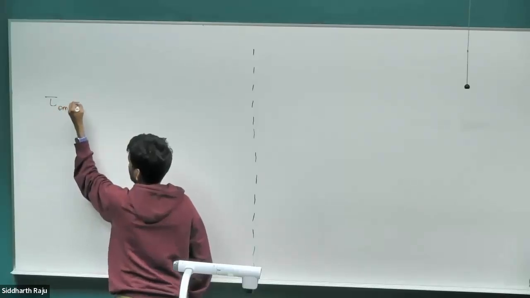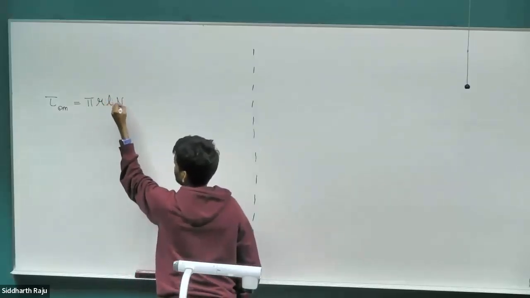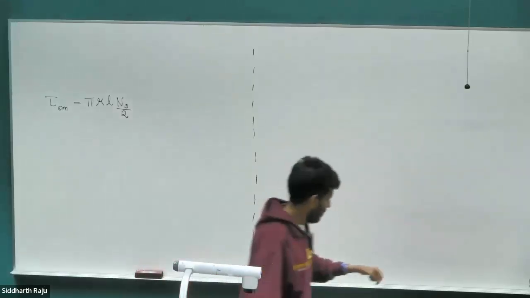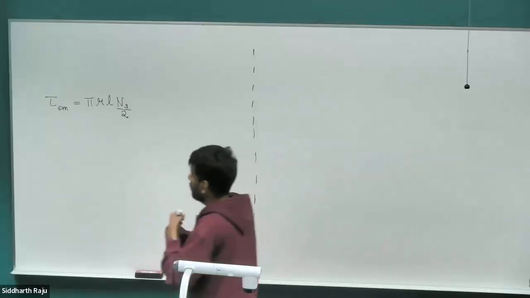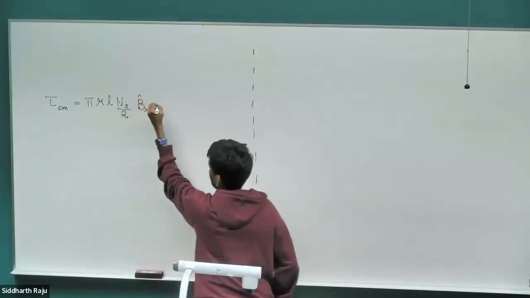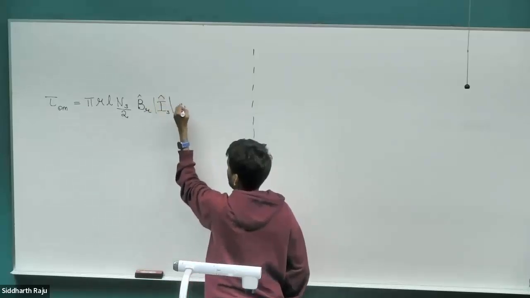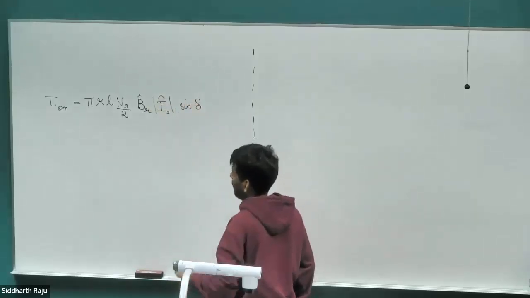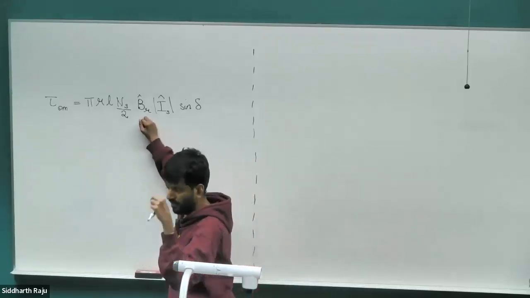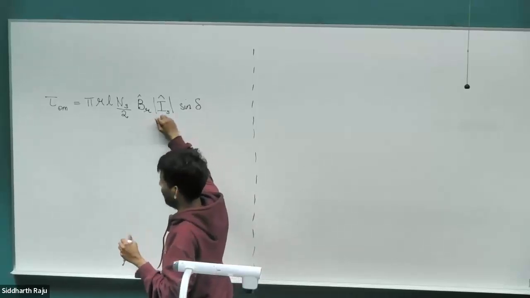That expression was pi times R times L times Ns divided by 2 times the magnitude of VR times the magnitude of the IS space vector times sine of delta, which is the angle between the rotor magnetic field space vector, which is basically the direction along which the rotor magnetic field is at its maxima, and the stator current space vector.